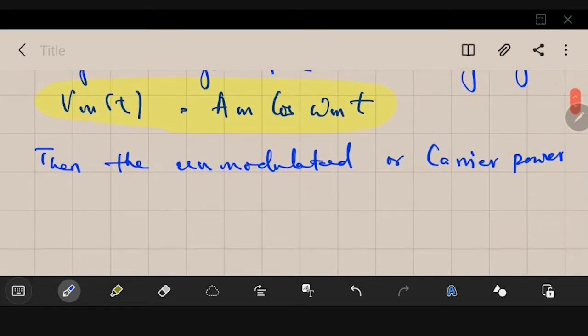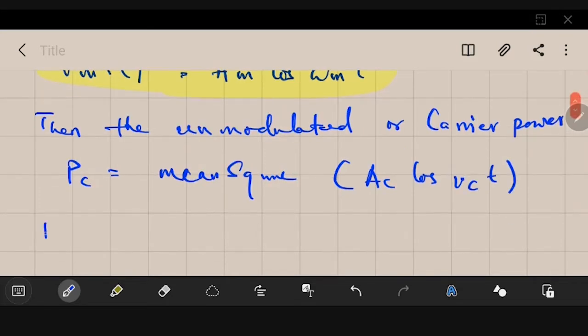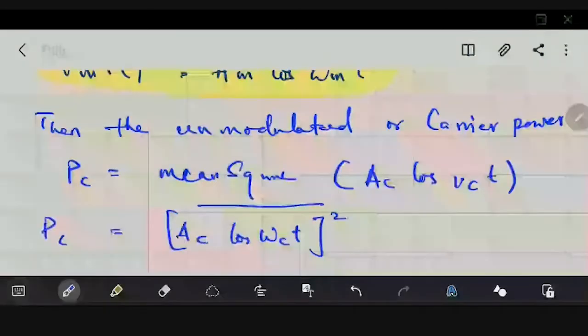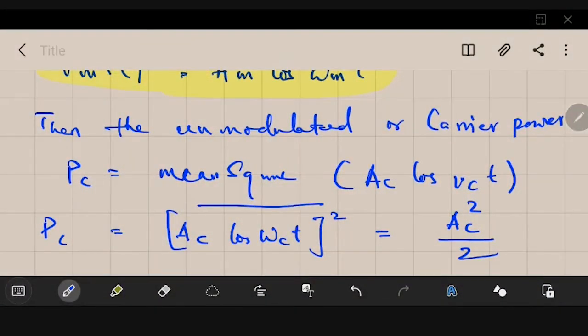So the expression is like this, right? Pc is equal to the mean square value of Ac cos omega c t, which is nothing but equal to Ac square by 2. Got it? This we have already found out in the earlier class.